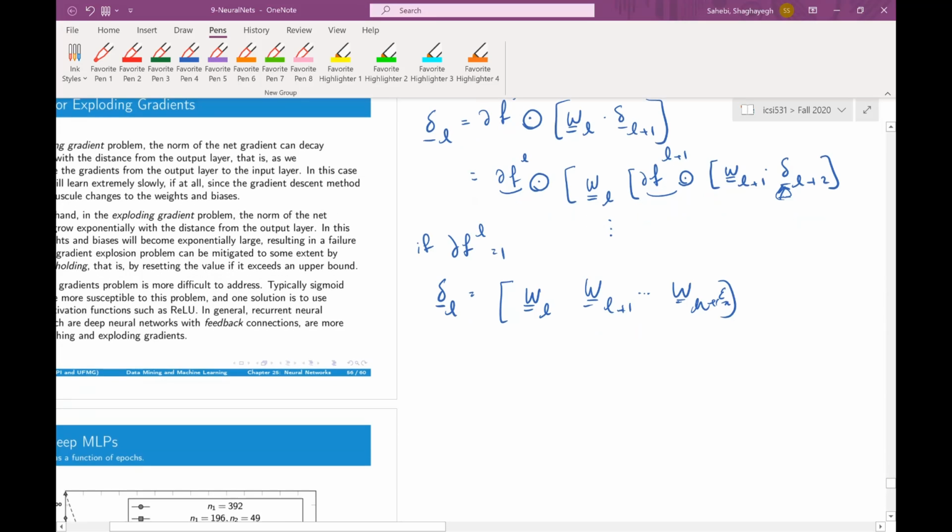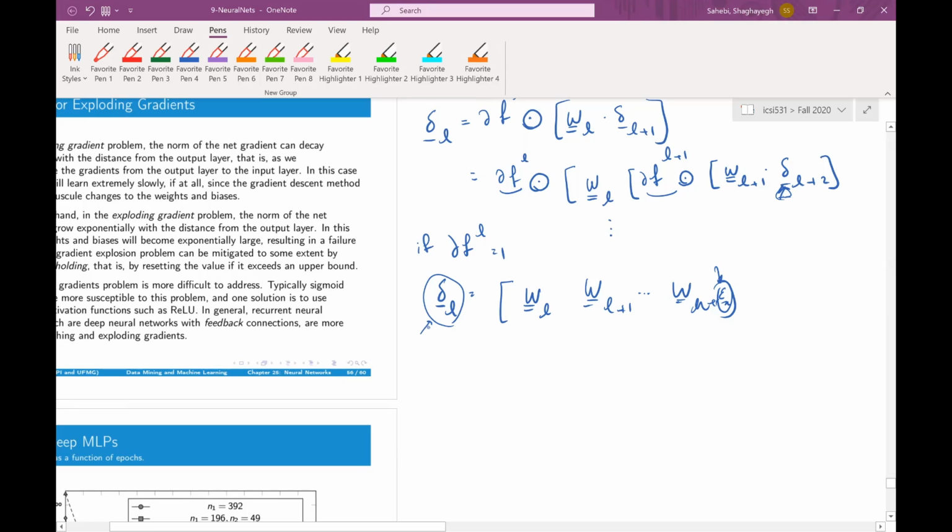So what happens is that if these W's, the matrices that we are multiplying the error with as we are backpropagating to calculate the net gradient of layer L, somehow in each multiplication make the value of the error smaller and smaller as we go backwards, our error value is going to get smaller and smaller, and we are going to have this vanishing gradient problem, where our net gradient at some point is going to be close to 0.